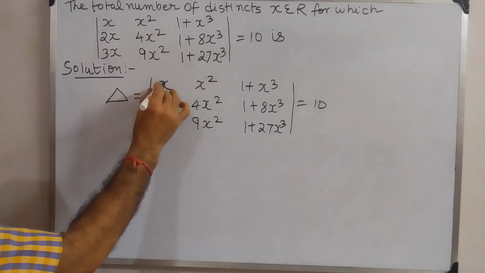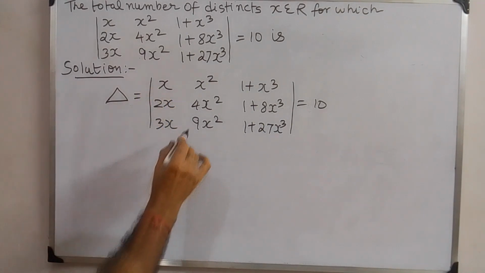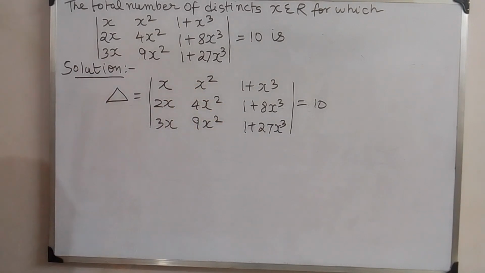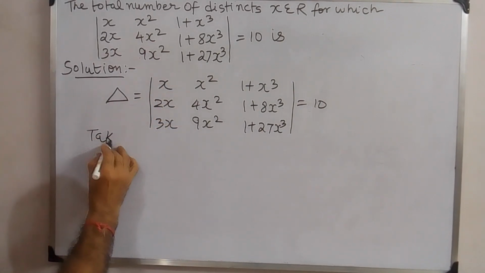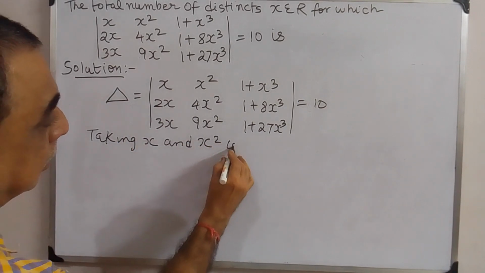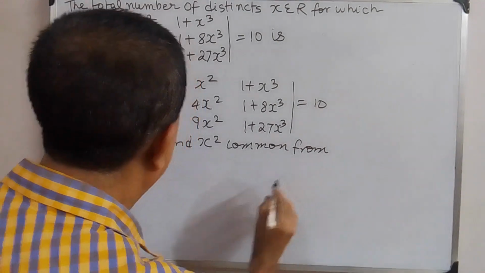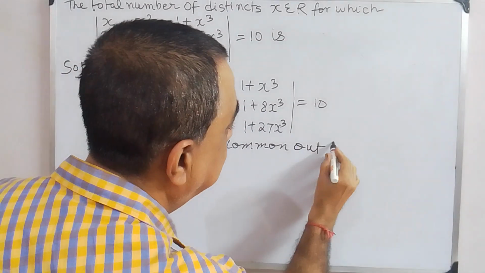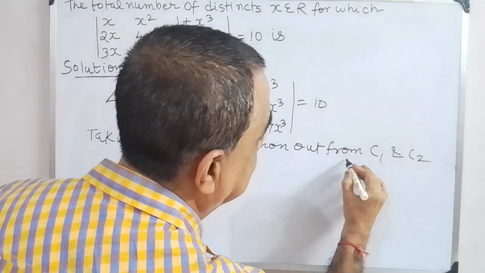Now we see that x is common in each element of the first column, and in each element of the second column we see x squared common. So taking x and x squared common out from column 1 and column 2 respectively.